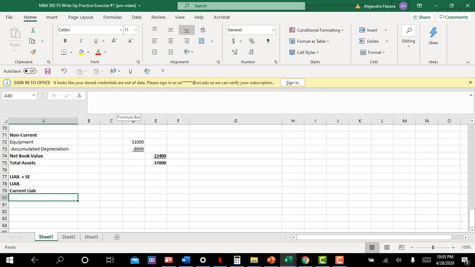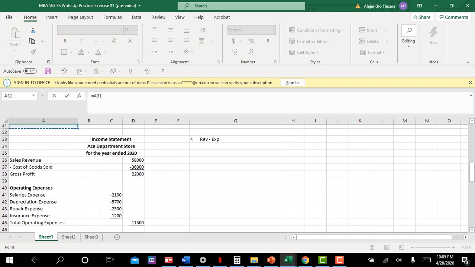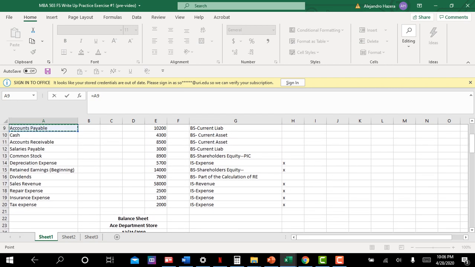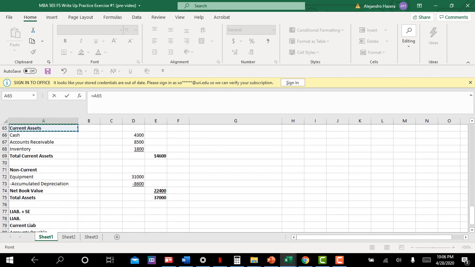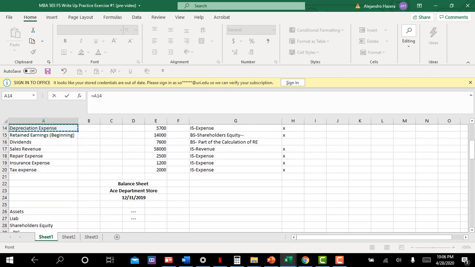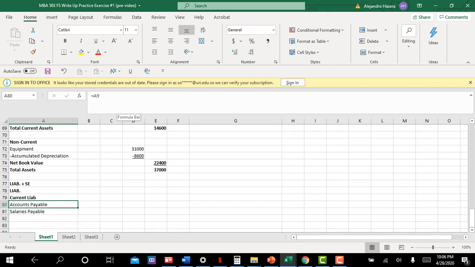Okay, so let's put in the current liabilities here. We have, or there's only 2. Accounts payable. Go way up here. So we get accounts payable, that one. And then we'll do, I think it's salaries payable. Okay, and put them right here.